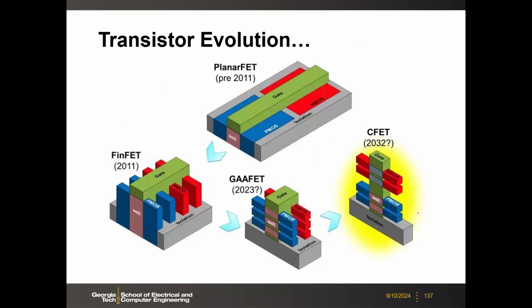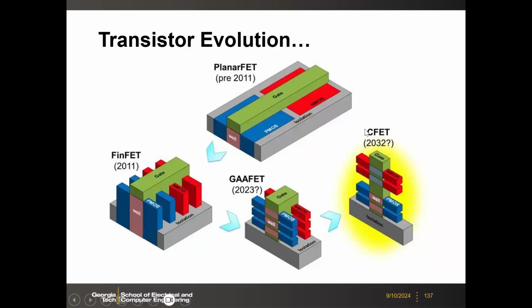So here is a roadmap, right? Transistor evolution, planar NMOS, PMOS, right? And then share the gate, it's like an inverter. And then move to the FinFET. And then gate-all-around nanosheet. At least Samsung has this in their 3nm node.